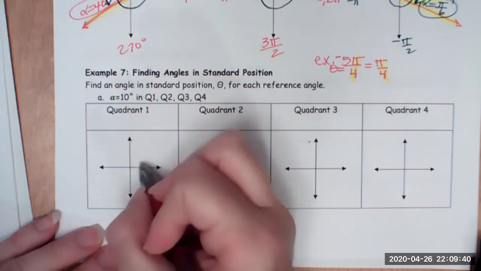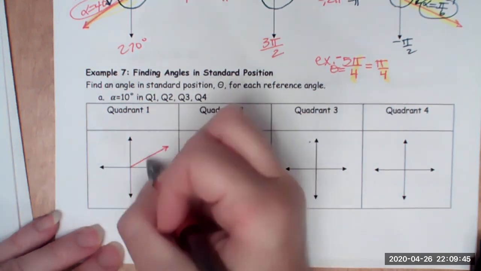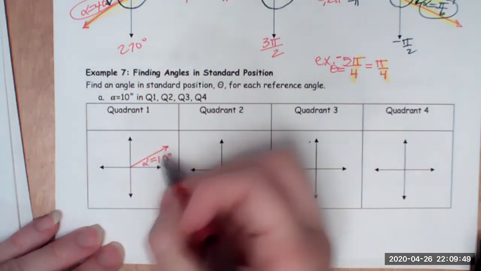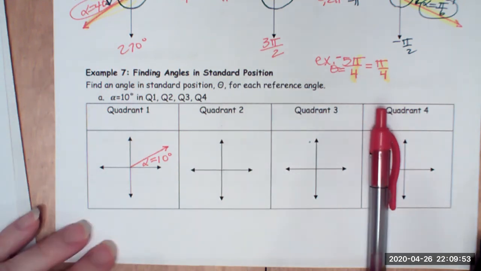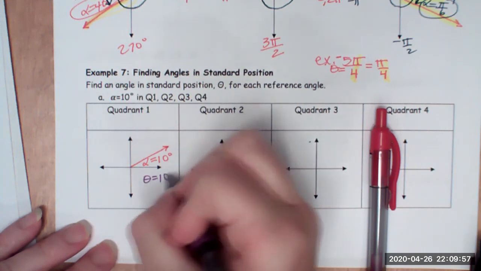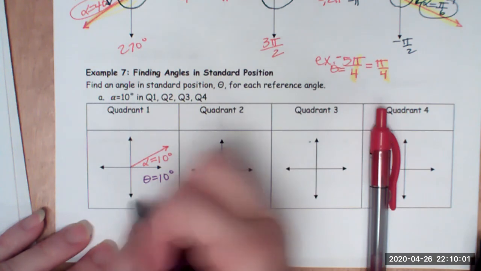So in quadrant 1, okay? So alpha equals 10 degrees, and I could literally just say then that theta is equal to 10 degrees as well, right? Or I'm just going to give you some other examples.